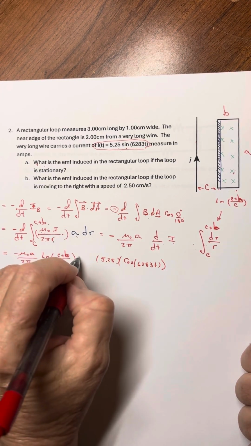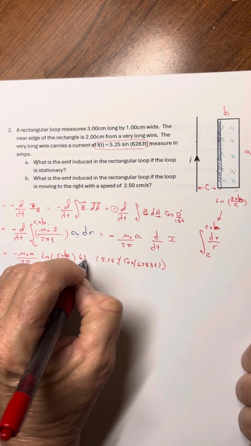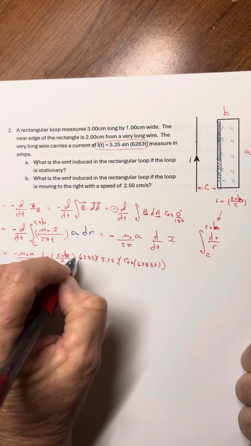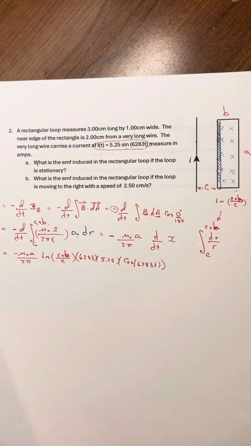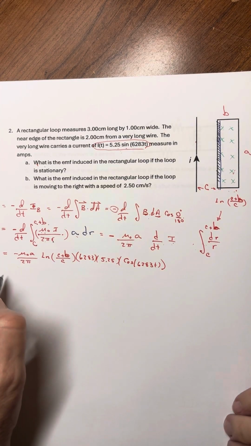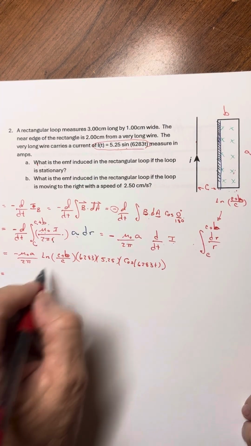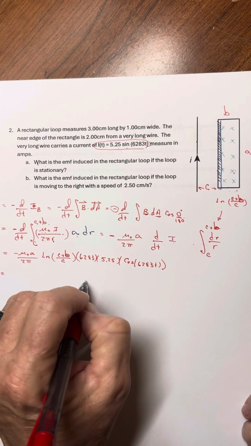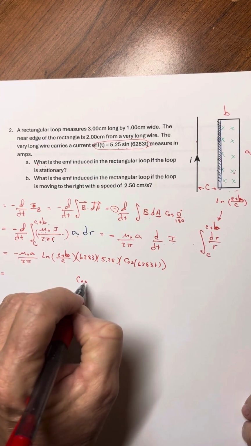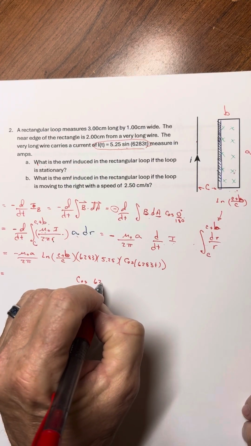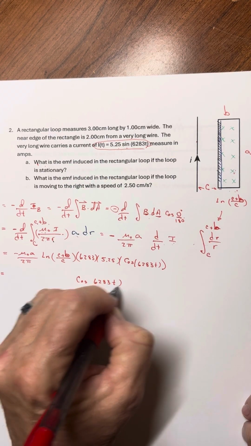And then the chain rule would give me a 6,283, the angular frequency, out in front. So the EMF will be some value here, which we'll calculate, times cosine of 6,283 t.